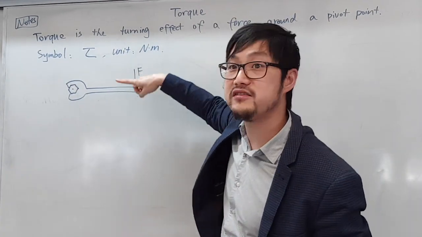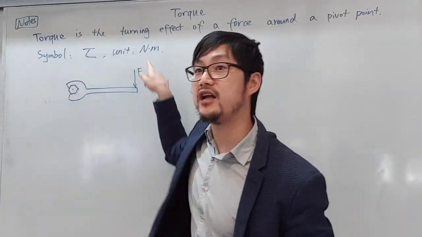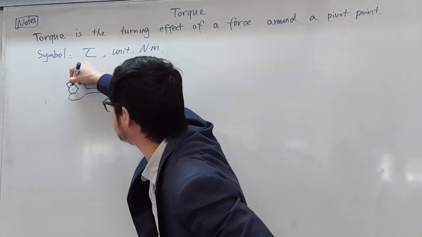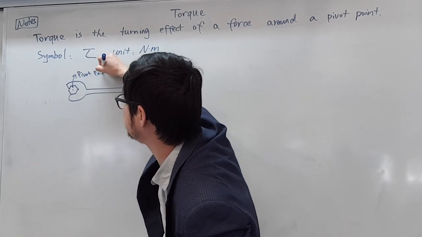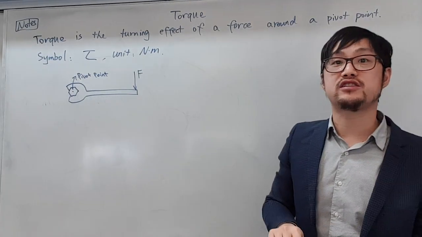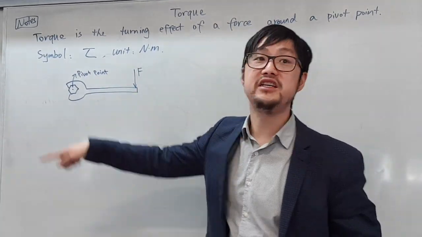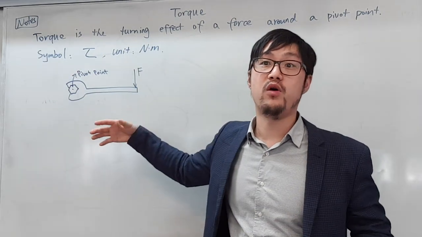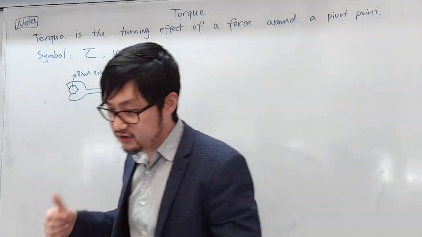Now this force is not going to make the object fall down. Rather, it's going to make the object start turning because there is a pivot point over here. Does it make sense? So torque just describes how much of this turning effect you can have. The bigger the torque, the easier you turn. If the torque is small, it's very hard to turn. Does it make sense? Okay, so that's what torque is.